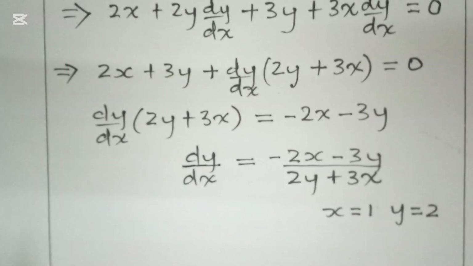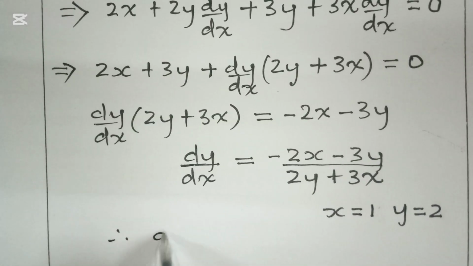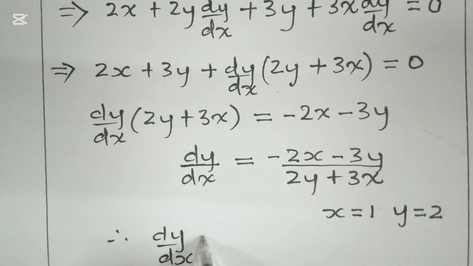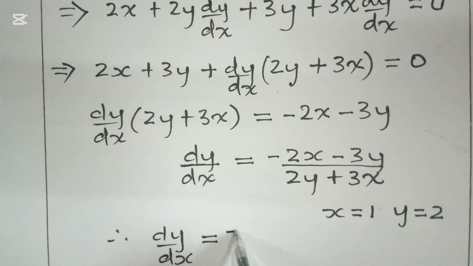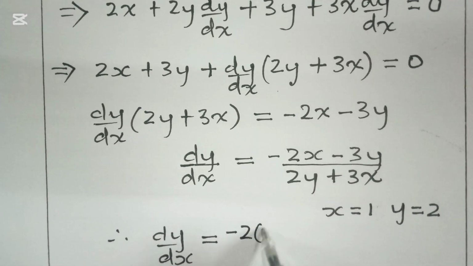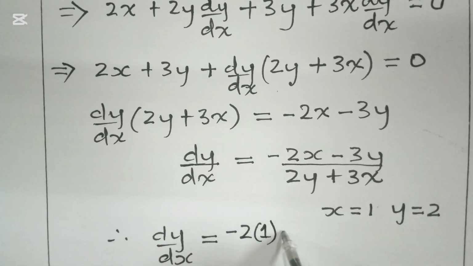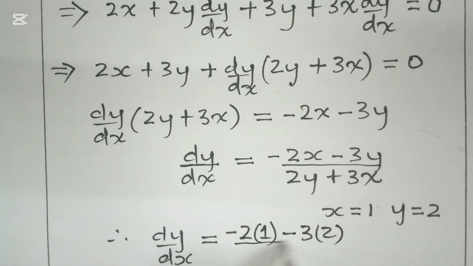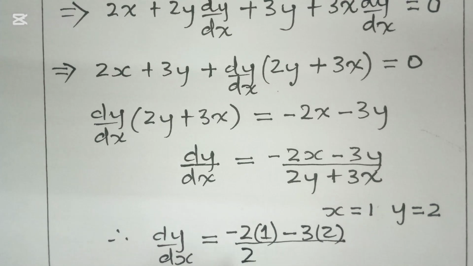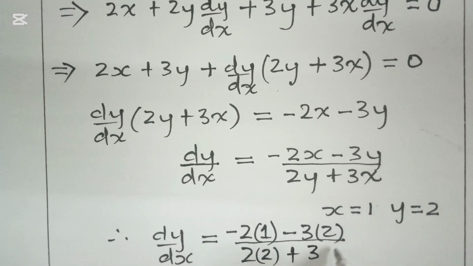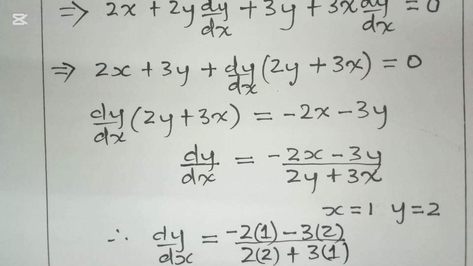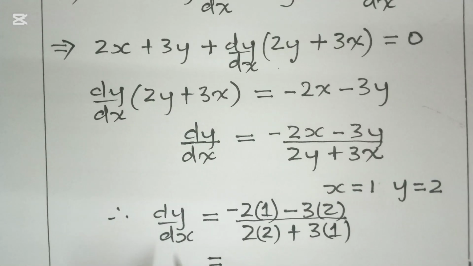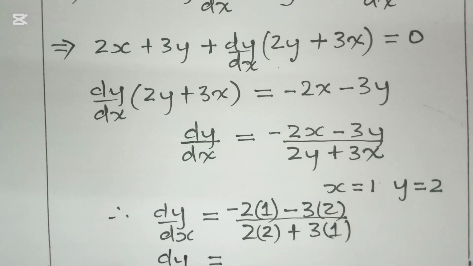And so therefore, guys, my dy/dx for that curve at that point is now going to be equal to negative 2, x is 1, minus 3, y is 2, divided by 2, y is 2, plus 3, and this is 1.